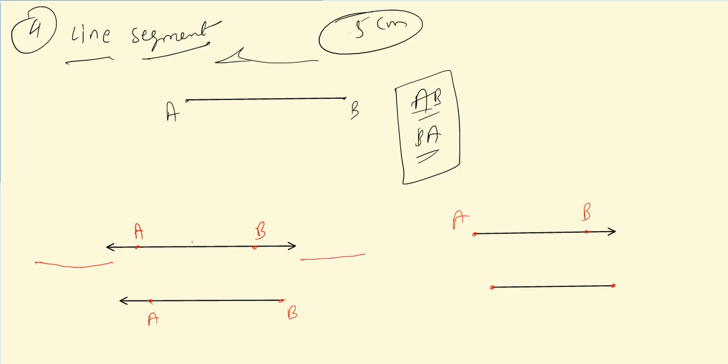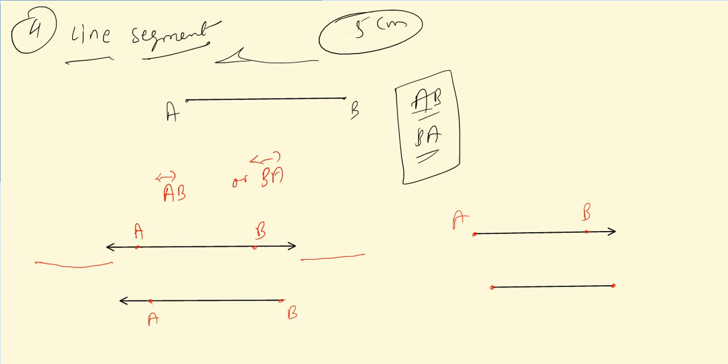So in both directions you can extend this line. So this is your line. So you can write this as AB or BA or simply line AB.